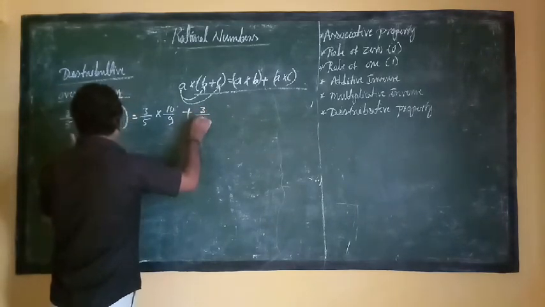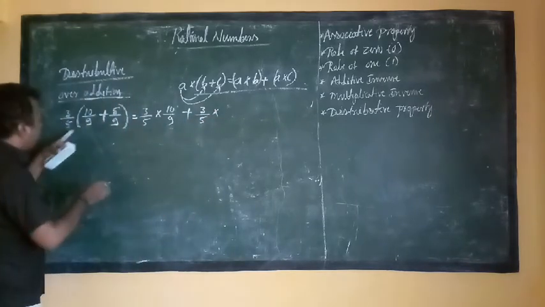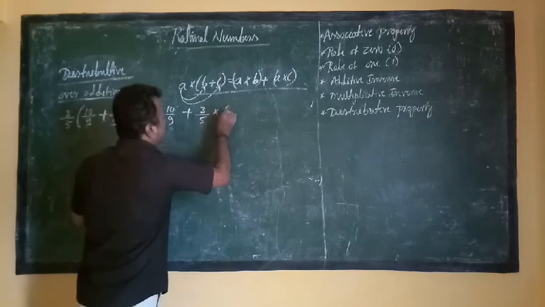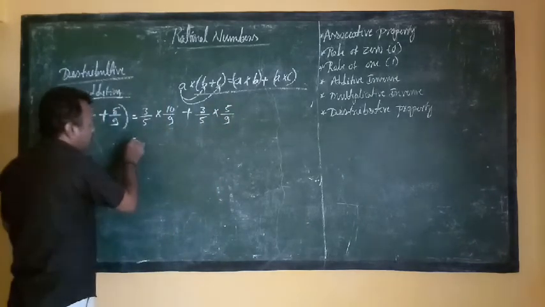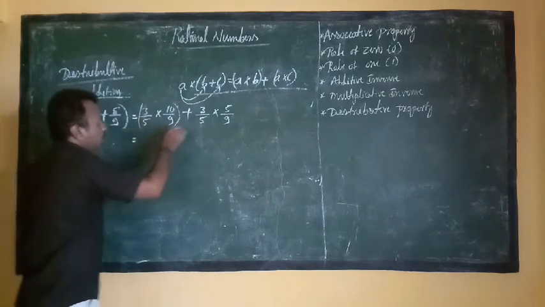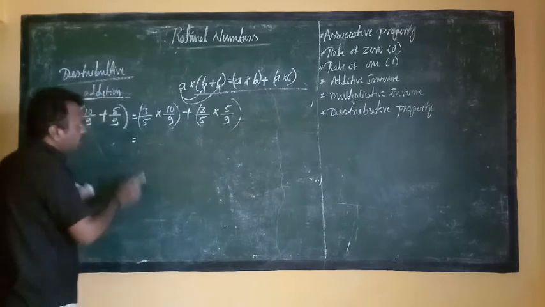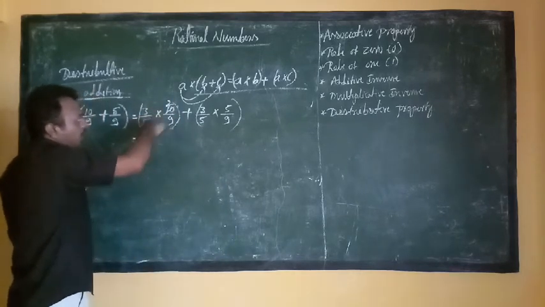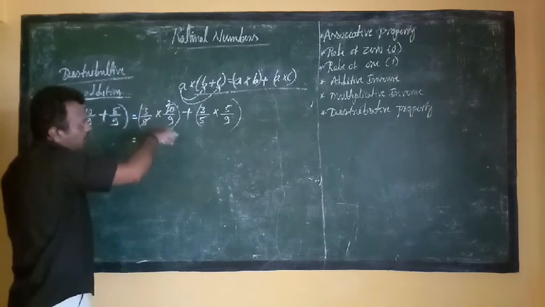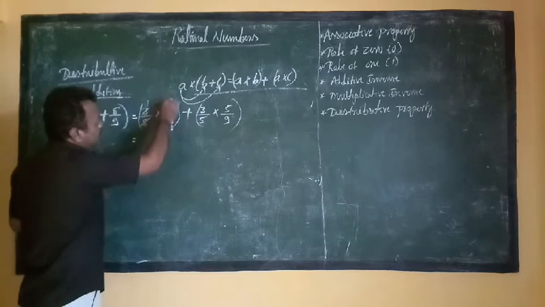3 by 5 into 5 by 9. See students, first this one is one sum and this is also another sum. Okay, first 5 ones are 5, 5 twos are 10. You have to divide like this. 3 ones are 3, 3 threes are 9. So remaining, what is in the numerator? 2 into 1, 2.